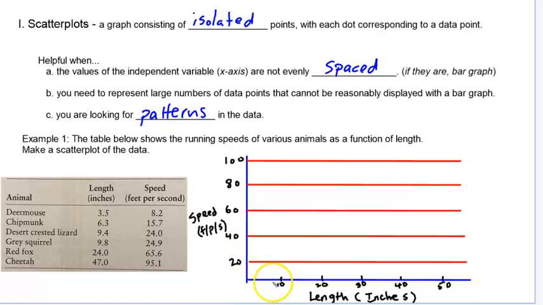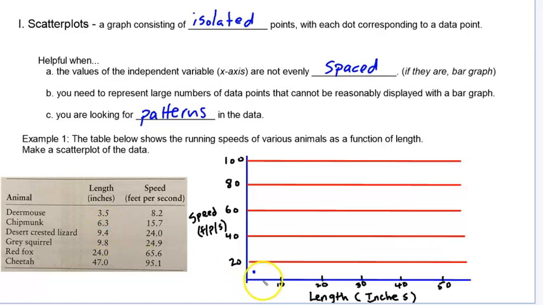They don't have to be the same interval, but make sure you predefine the interval, and then you're going to plot in and around your two axes as you have them set up. So the x-axis is the length, so I'll just estimate 3.5 and then 8.2. Again, just your best guess on where you think that should be.